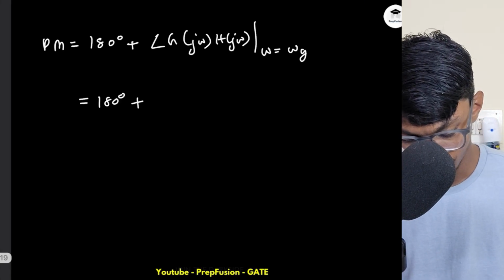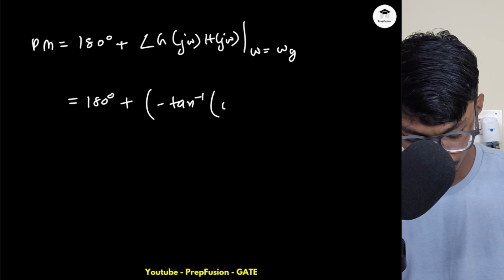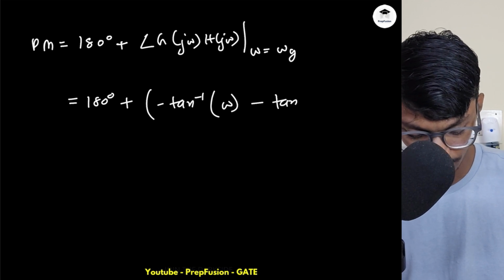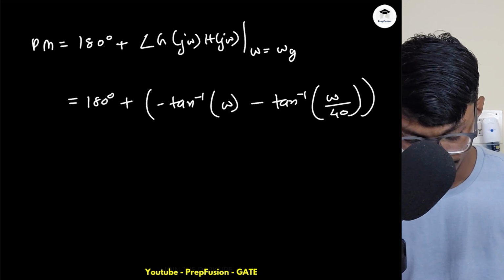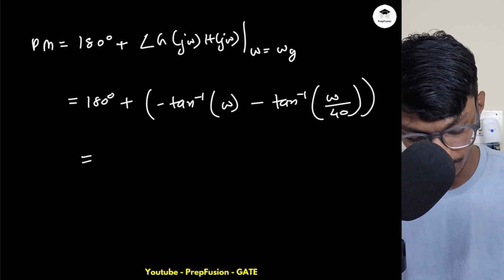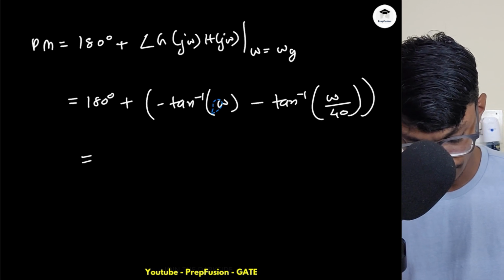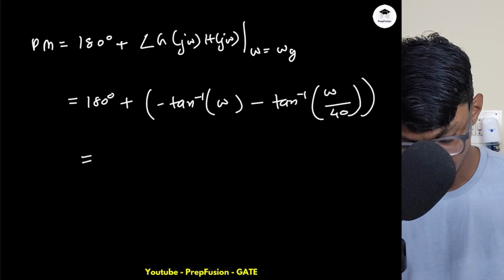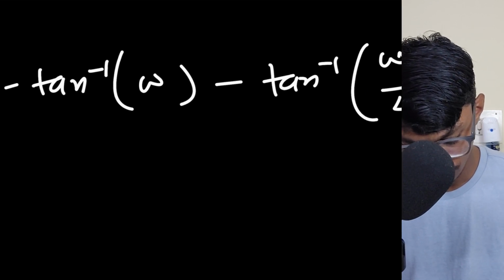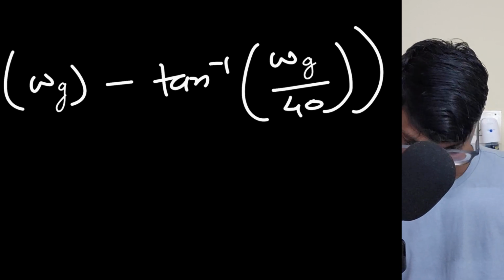So this will be minus tan inverse omega minus tan inverse omega by 40. At omega equals omega g, I will replace this omega with omega g.